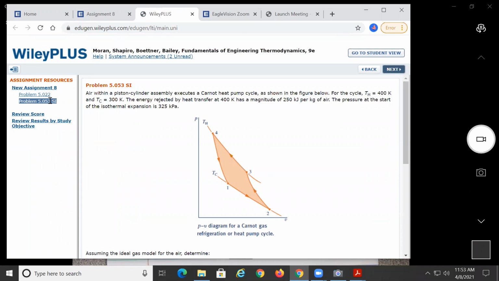Okay, so there's air within a piston cylinder assembly. All right, so let's do this one. So it's problem 5.53. I'm just copying the figure, even though I don't think we need it. So T hot, T cold.